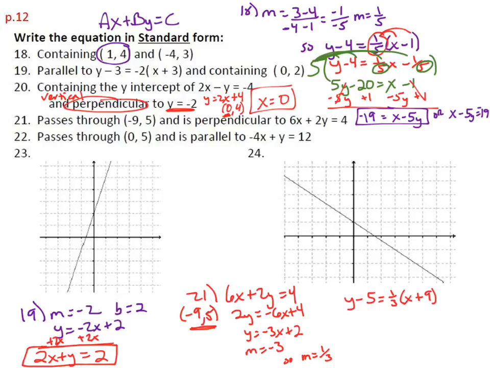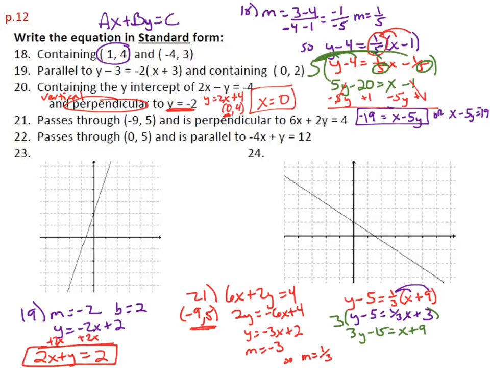To get this into standard form, I'm going to use the distributive property first. y - 5 is equal to 1/3 x + 3. Then I'm going to get rid of the fraction by multiplying everything by 3. So that means I'm going to have 3y - 15 is equal to 1x + 9.